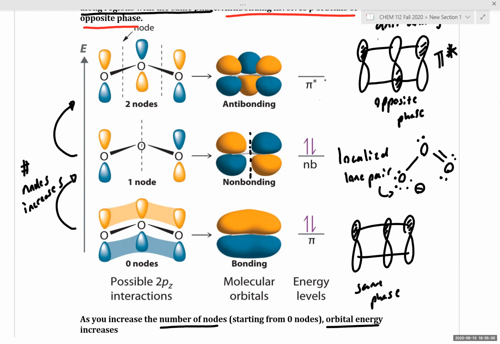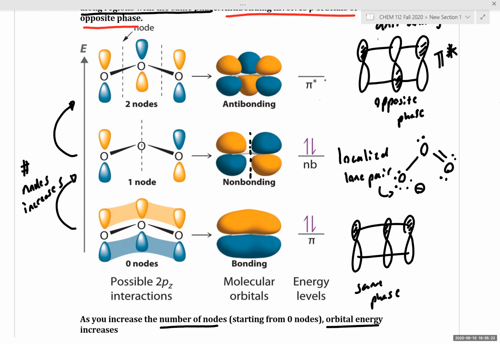So does this idea of molecular orbital pictures for pi systems make sense? Bonding, we have constructive interference. Anti-bonding, we have destructive interference. Non-bonding, we essentially have localization of electron density on one or more of our atoms.